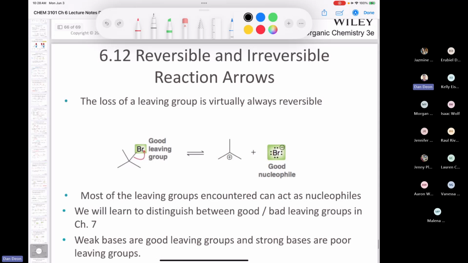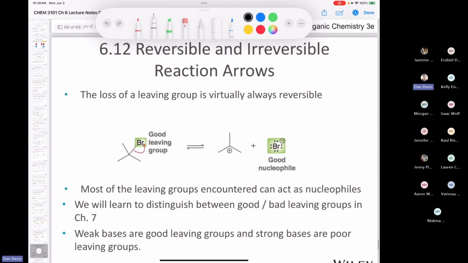The next one is the loss of a leaving group. If you just have a loss of a leaving group, it's virtually always reversible, so your leaving group can pretty much always come in and act as a nucleophile. If you're wondering how to distinguish between nucleophiles and bases, good and weak nucleophiles, and good and poor leaving groups, that's going to be covered in more detail in chapter 7.